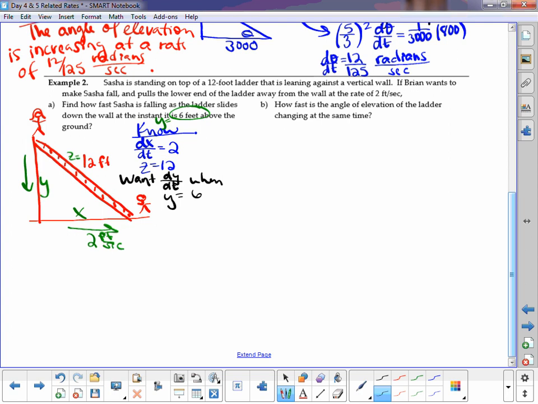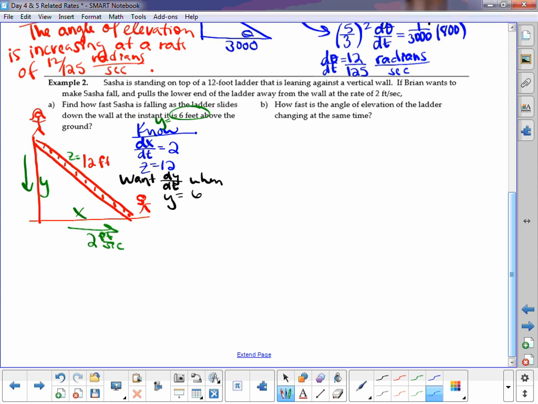Okay, what equation do you think we should use? Yeah, Pythagorean theorem. If you're tempted to use trig, as you set up your trig, look to see if you have enough information for it. If I try to use trig, I would need an angle, and we don't have that. When you try to do your derivative, you'd have too many unknowns. Okay, so Pythagorean theorem.